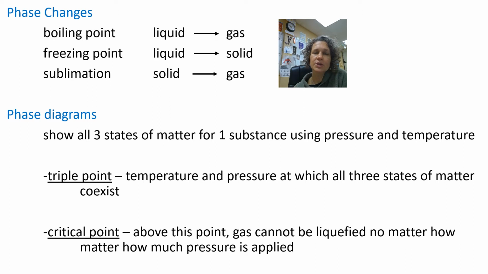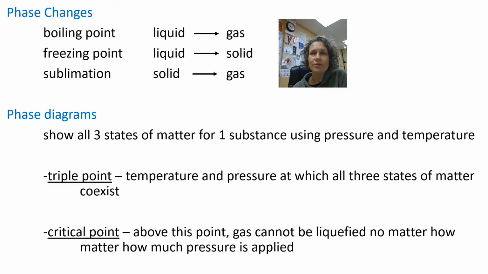So the diagram that's going to be on the next page is called a phase diagram, and it shows all three states of matter for one substance based on pressure and temperature. And there are two points that I want you to be aware of. There's the triple point, and this is the temperature and pressure at which all three states of matter coexist. Typically, that is only under lab conditions.